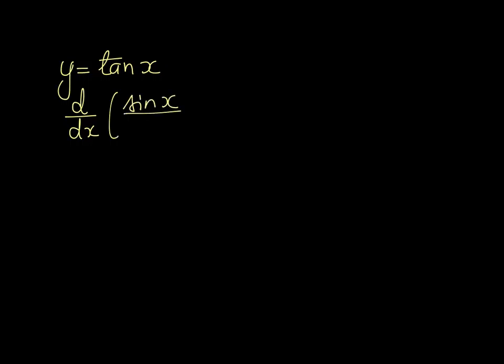We will keep building to find the derivatives of other functions, so you can try by yourself to find the derivative of y equals tan x. Pause the movie and think for a bit. How are you going to find it? It was by writing tan x as sine x over cos x, and by using the quotient rule. How are we going to find the derivative of sec x?